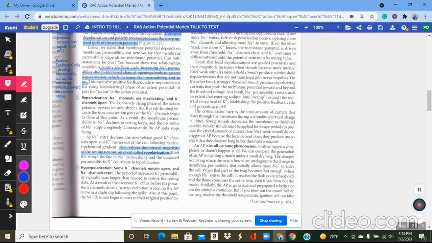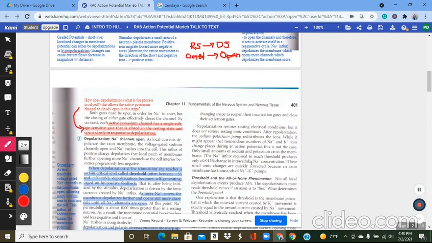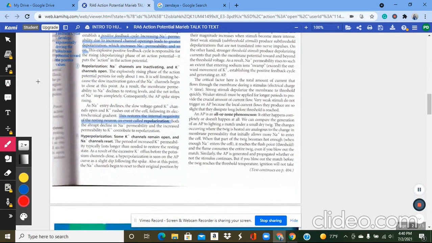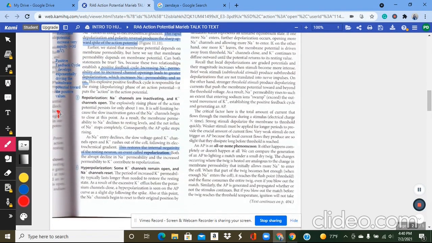Okay, so both the abrupt decline in sodium permeability and the increased permeability of potassium contribute to repolarization. So from phase 2 to 3, which is depolarization to repolarization, basically the channels are open in depolarization, and then they become closed.